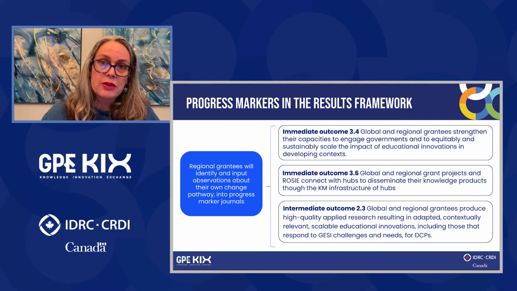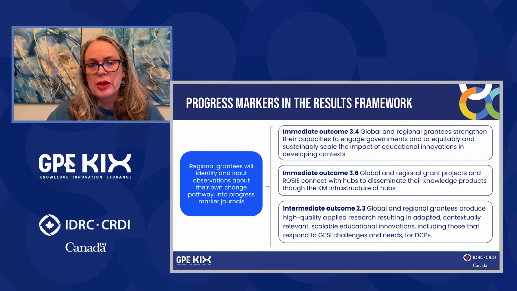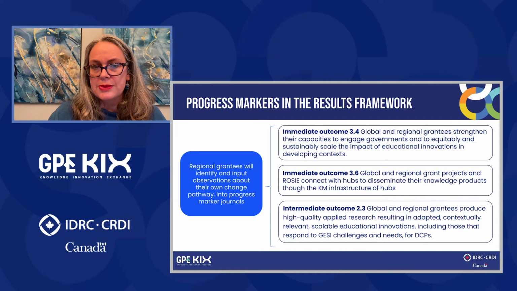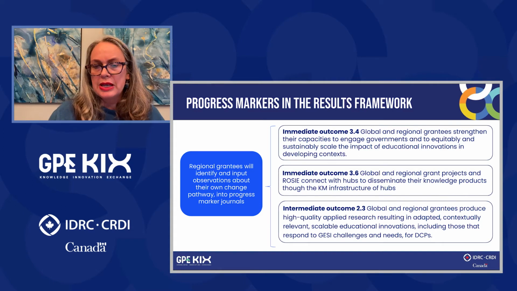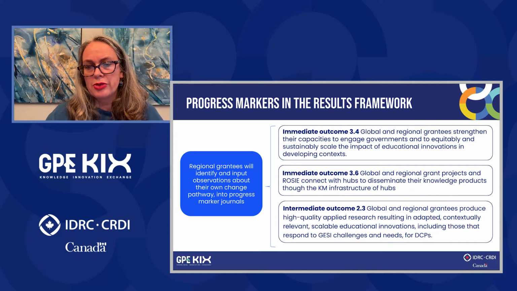So when you're implementing the progress marker tracking system, you'll be doing it with these three outcomes in mind: the immediate outcome 3.4, the immediate outcome 3.6, and the intermediate outcome 2.3.